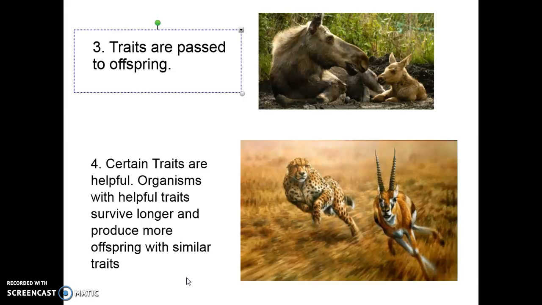The cheetah has a cool, crazy adaptation of being a super fast runner, and that running speed, he needs to be fast enough to catch his food, and if he survives and catches that food and lives long enough to reproduce, he's going to pass down those traits to his offspring as well. And the same thing goes for that gazelle. If it lives through this moment, it's going to survive to pass down its crazy running speed to its offspring as well.